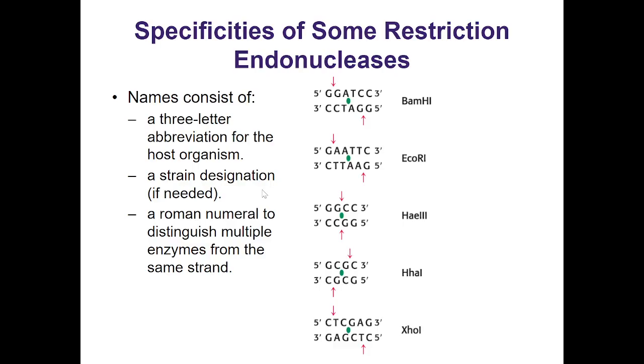A strain designation if you need to. You don't always need to designate strains because sometimes there's not multiple strains, right? A Roman numeral to distinguish multiple enzymes from the same strain. You can have multiple different isozymes and enzymes from the same strain, right?